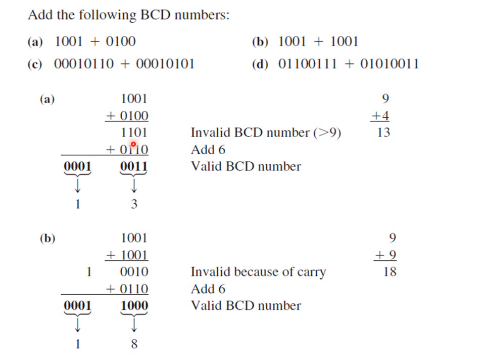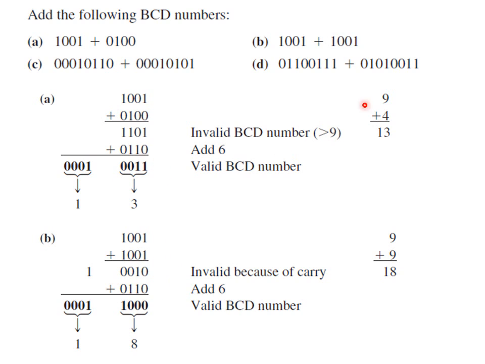After adding 0110, it is simple binary addition. We make the binary addition here, and it becomes 0001 and the second part is 0011. So this is 1 and this is 3. Finally, this is 13. Hence, if the number is greater than 9, then 6 is added to the result.